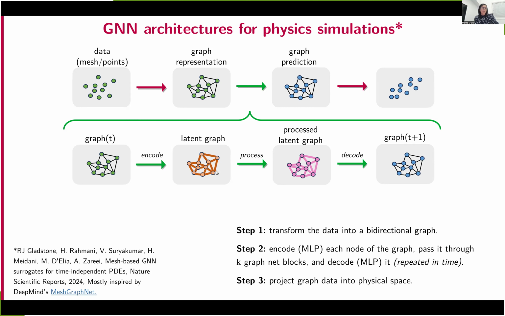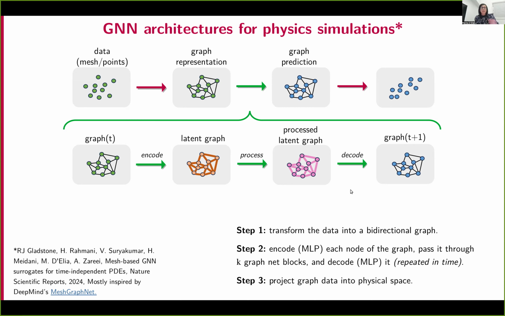This is edge-wise and node-wise, and that's why we can generalize to different dimensions, for example different geometries in the context of meshes. There is a processing step, which in message passing is aggregation of messages coming from neighbors. And then we decode and go back to physical space.